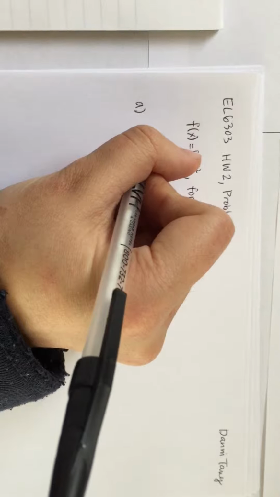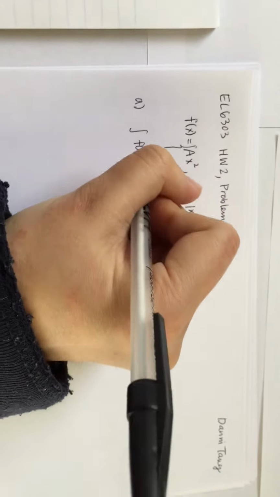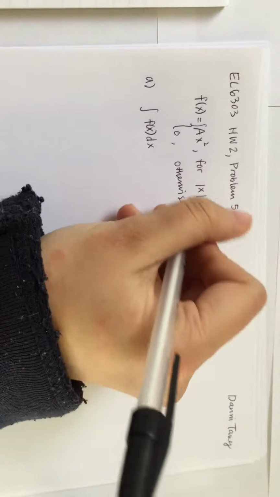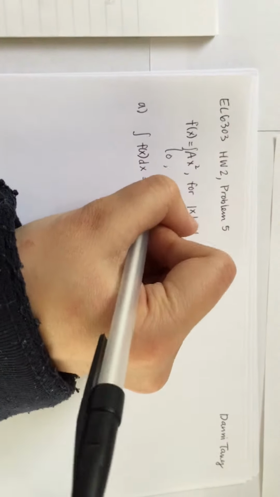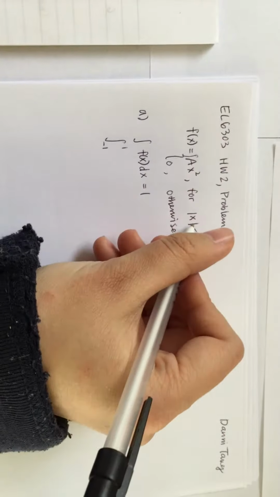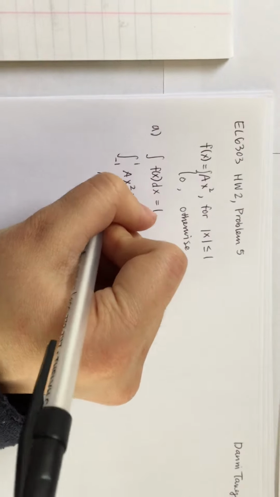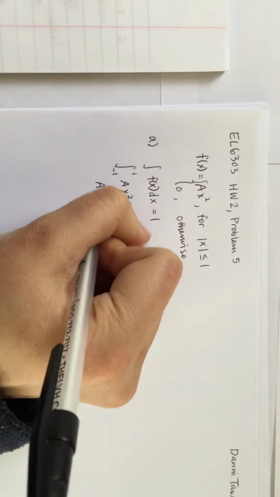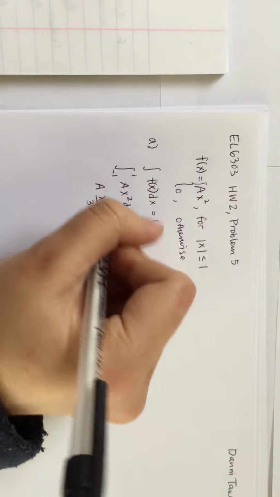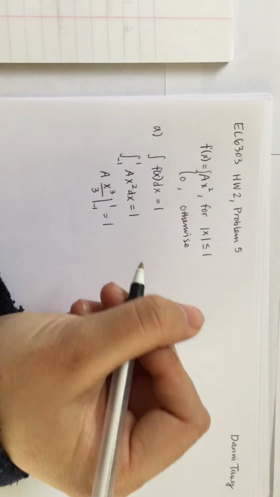Since there is an absolute value here, the limits would be from -1 to 1, since x could be negative or positive. We do the integral, which is a times x to the third over 3, with limits -1 to 1, and set this equal to 1.